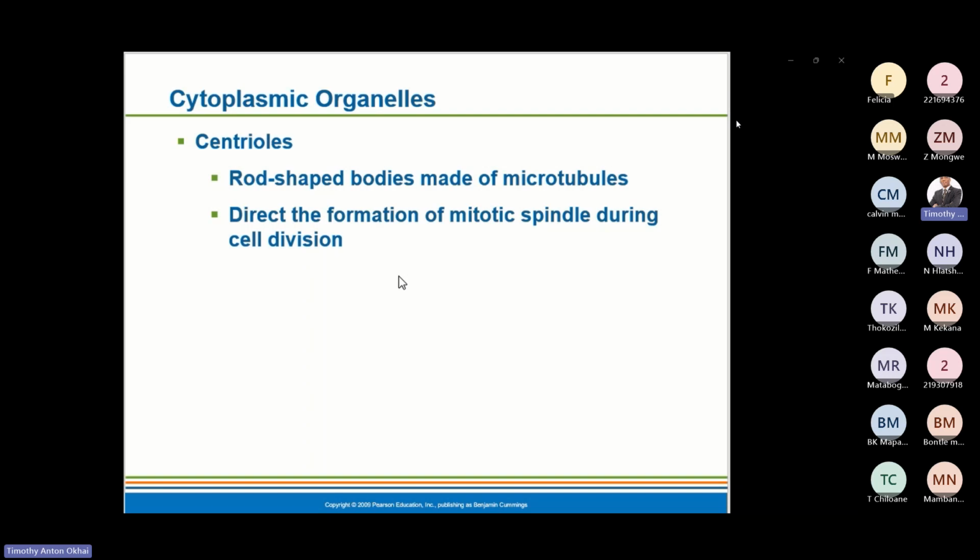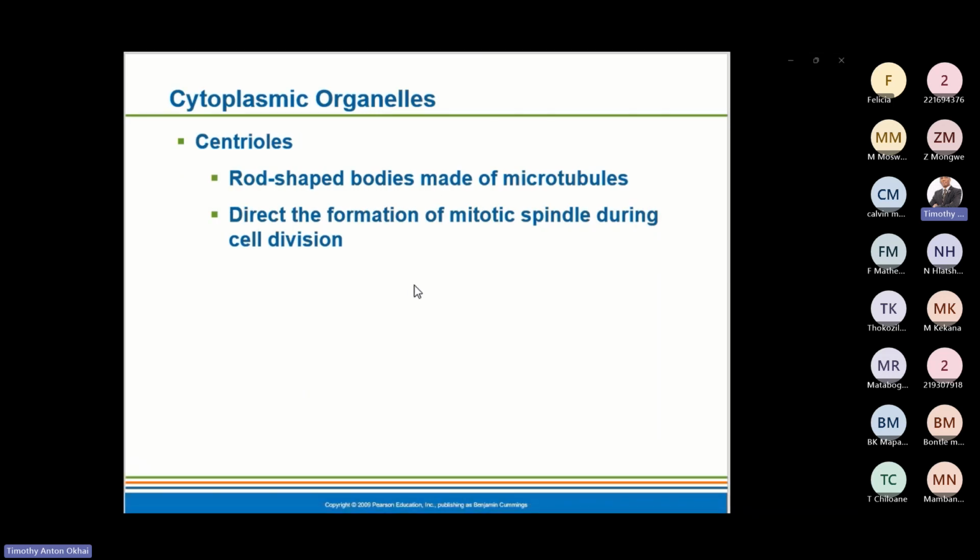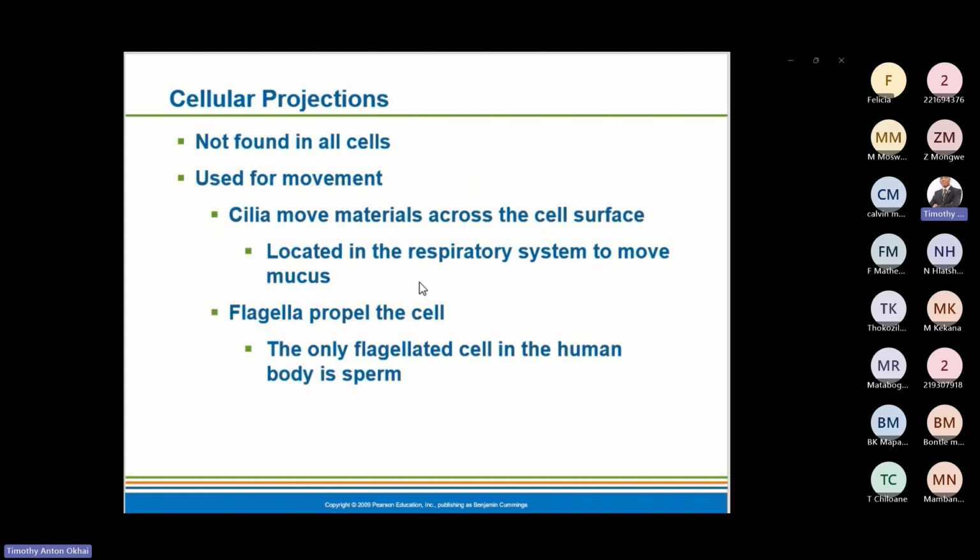So another type of cellular organelle is the centriole. They are rod-shaped bodies made of microtubules. They direct the formation of the mitotic spindle during cell division. And we shall talk more about this mitotic spindle when we look at the different stages of mitotic cell division.